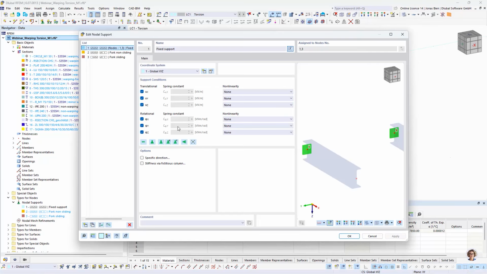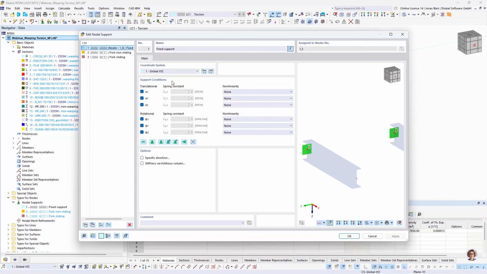nodal supports. But as you can see, even after turning on the 7th degree of freedom add-on, the warping torsion add-on, we still only have 6 degrees of freedom that we can constrain here in the nodal support.